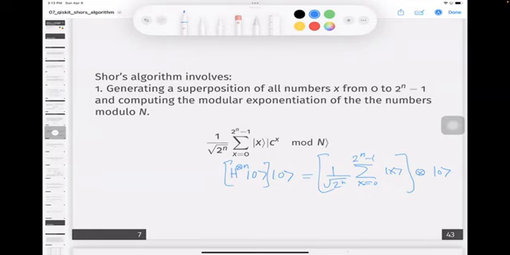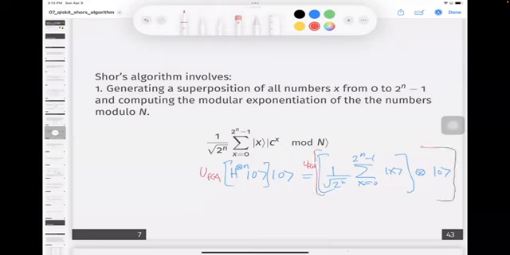Once we have that, the next thing we'll do is apply the modular exponentiation function. Here we apply an operator U f of x, which will compute f of x, applied to everything here.